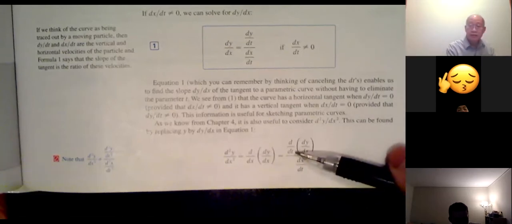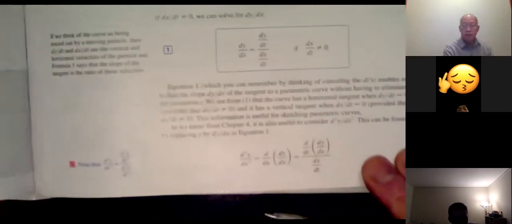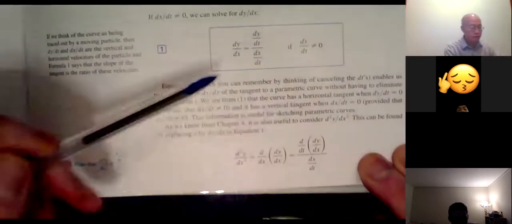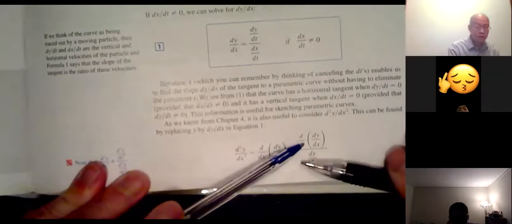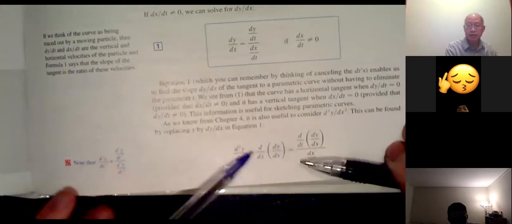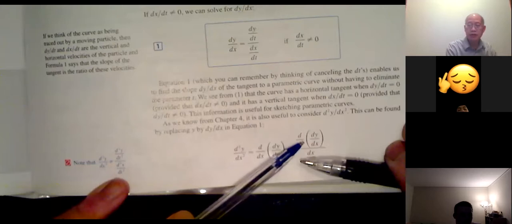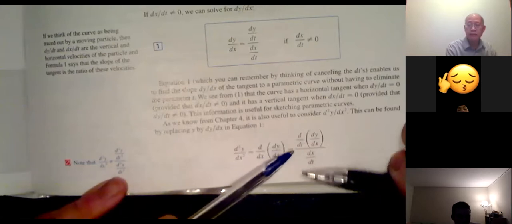So that dt and that dt got added in. Same sort of game. That's the derivative of dy/dx with respect to x, right? That's the same as d/dx of dy/dx. Again, quote unquote, divide top and bottom by dt. So that's how you find the second derivative.